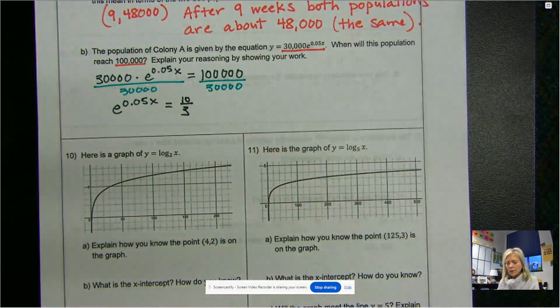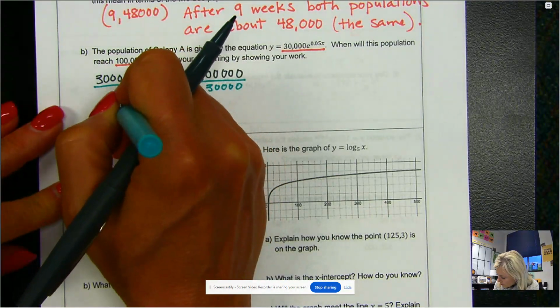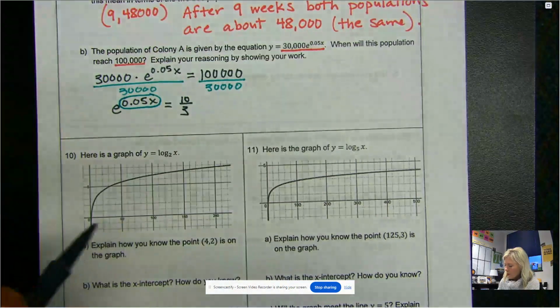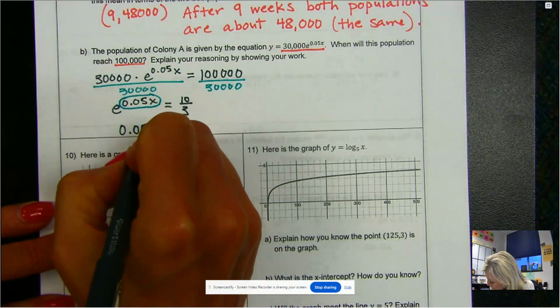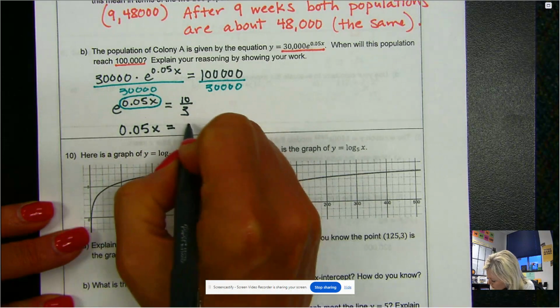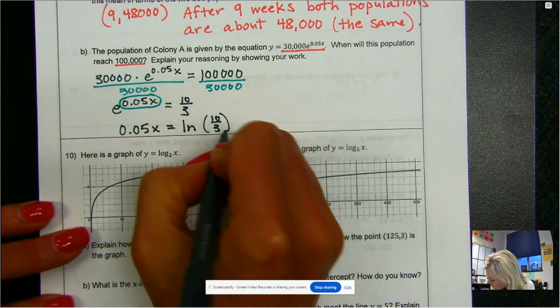All right, so we're going to go ahead and switch to log form. So our exponent comes down, 0.05x is equal to the natural log of 10/3.